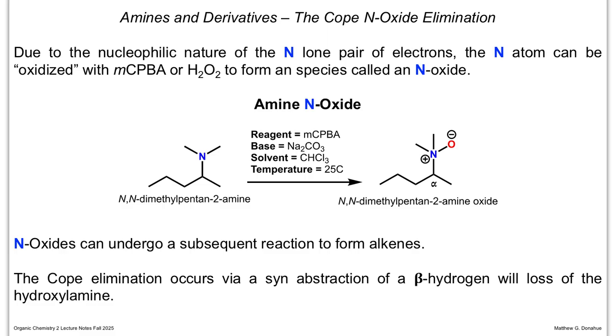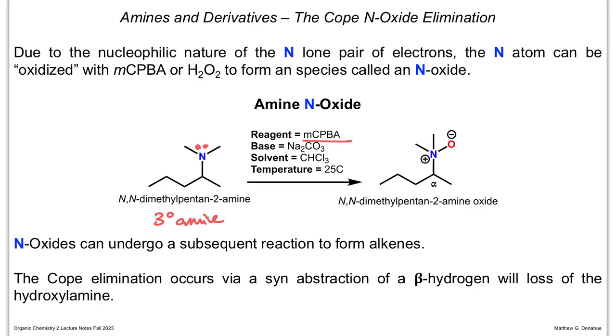So one last reaction. Again, this is a 2-step thing. We first activate the nitrogen and then we do an elimination. So here we're starting with a tertiary amine. So it still has a lone pair. That lone pair is nucleophilic.